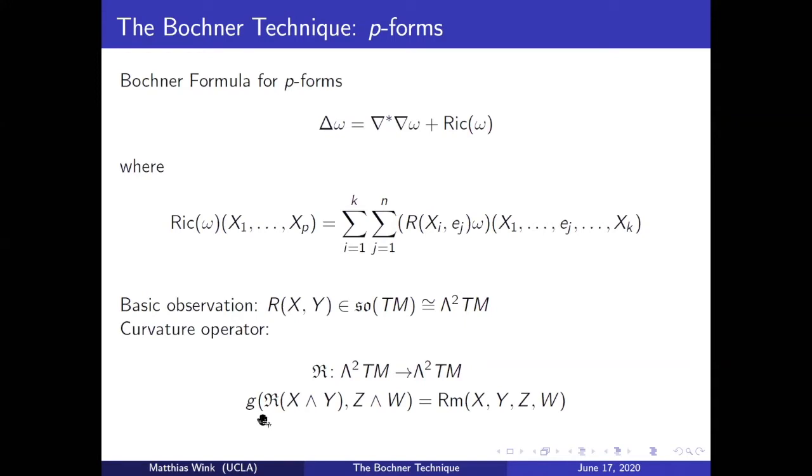And due to the symmetries, if we look at x wedge y and z wedge w, we can define this way a curvature operator on wedge 2. And we also know that we can flip the first two with the last two arguments due to the symmetries, and that says the curvature operator is self-adjoint. Okay, and we can diagonalize any self-adjoint endomorphism. So what we're really interested in is the eigenvalues of the curvature operator.